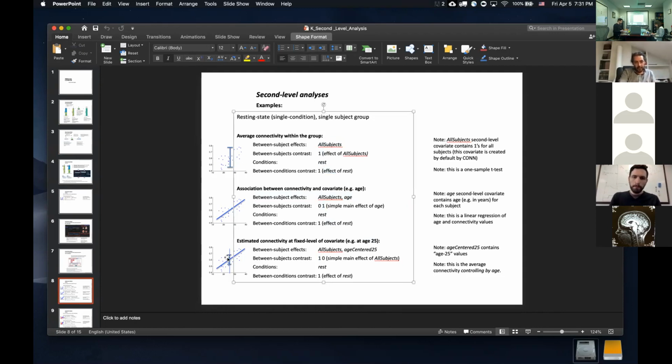And now, because the residual error is the variability of all of these dots around this regression line, that is going to be smaller than the residual variability around the total average, because you are taking into account the amount of variability that is explained by age, which doesn't form part of your residual error.